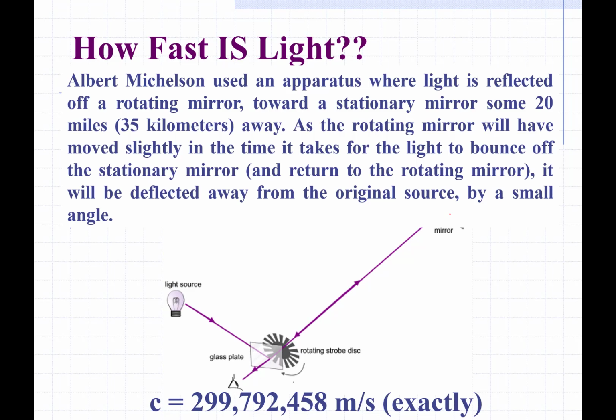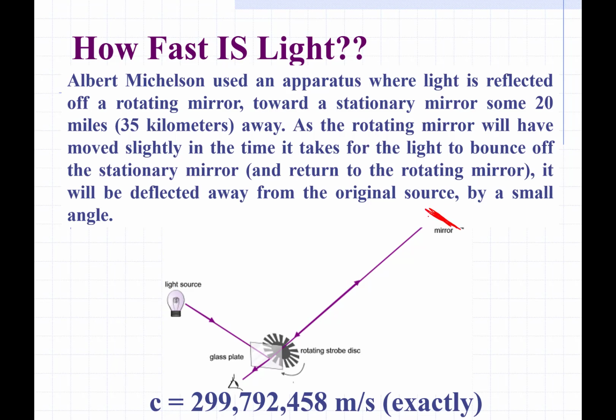It wasn't until the late 1800s that we got a really accurate measurement of the speed of light, and this is a kind of hand-wavy explanation of how we did it. Michelson performed this experiment, Albert Michelson. He was also important for relativity. He sent light through a rotating strobe disk, and reflected some light off of a very, very distant stationary, fixed mirror over here.